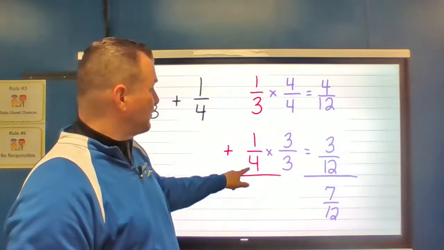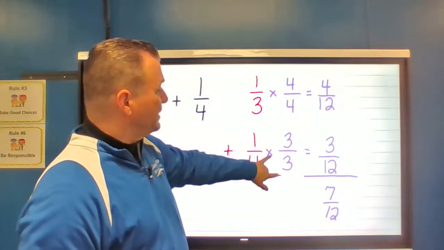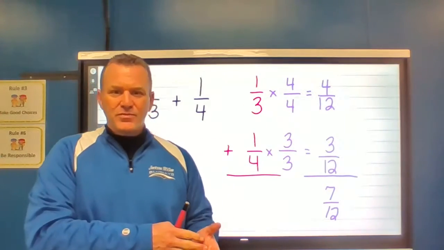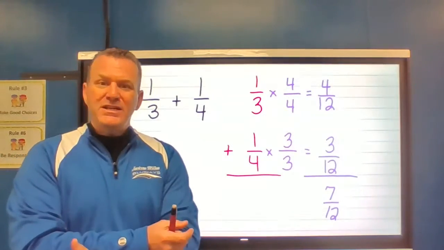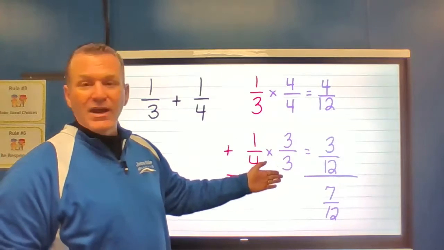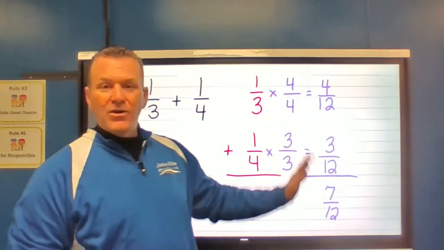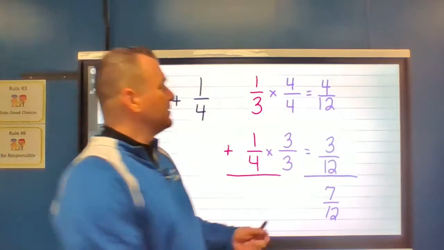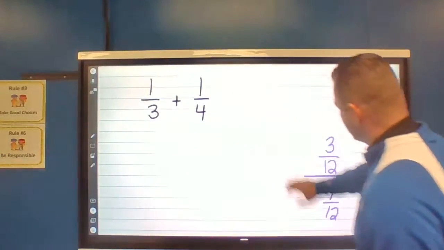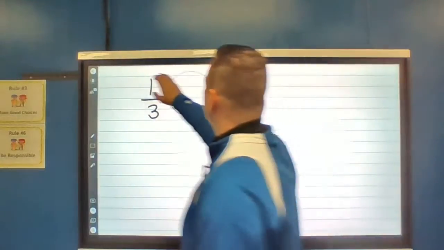I used that number 4, and then I used this number 3 down here because 4 times 3 is 12, and 3 times 4 is 12. So if I utilize each denominator and create 1 with it, then I will always have the common denominator. So if you're ever stuck, let's do one like that, because that applies for any fraction.